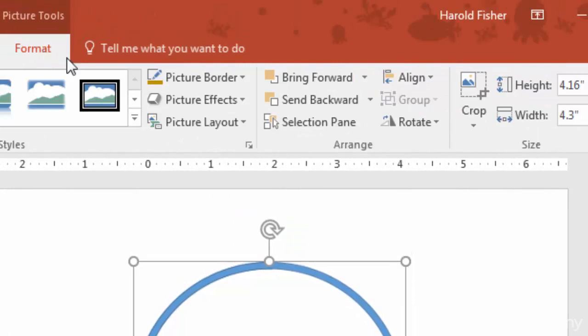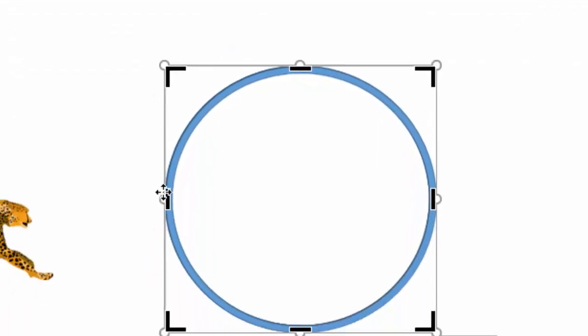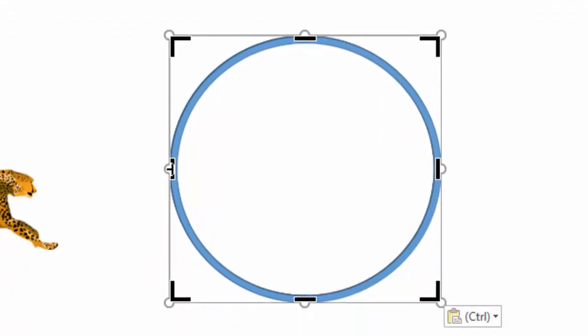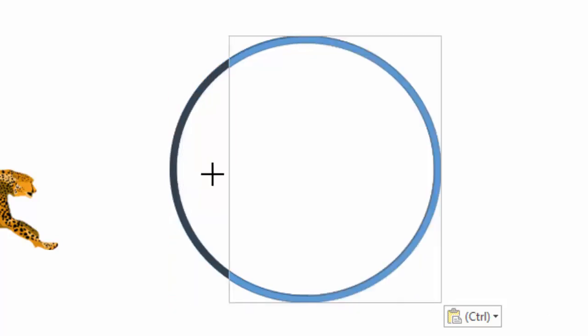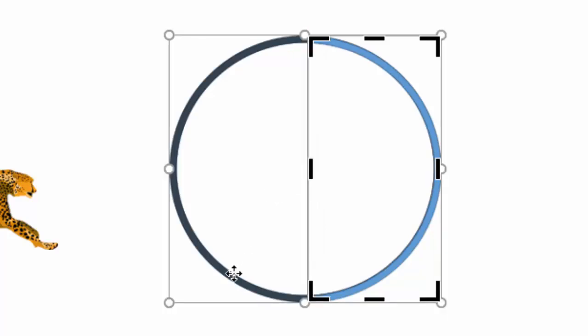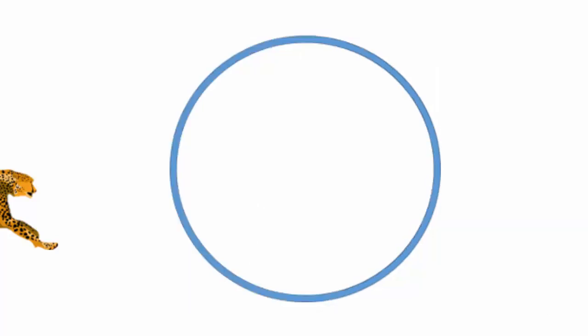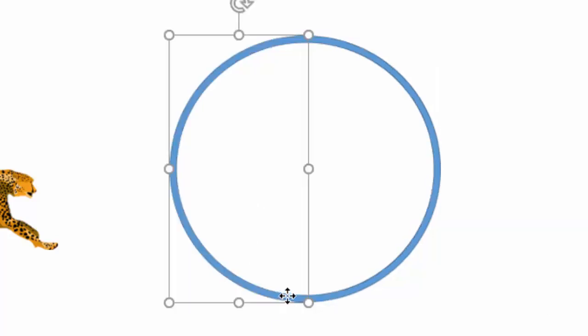We're going to go back to the Format tab, click Crop. We're going to grab the left side, drag it slowly. Now, if you notice how this line kind of snaps in place, if you drag it real slow, it'll snap right in place, and it'll connect with that other one. And if you click anywhere else, now that circle is perfect.